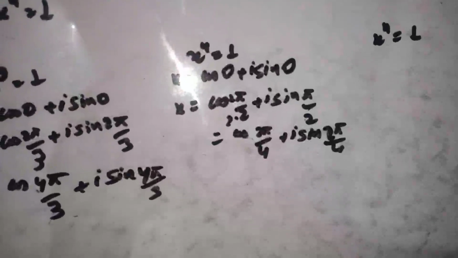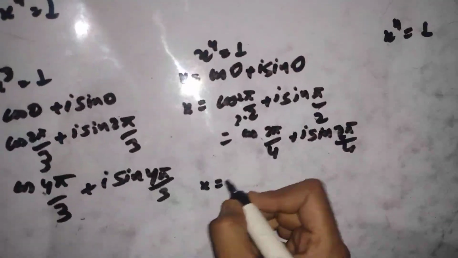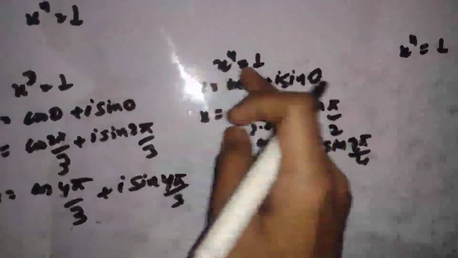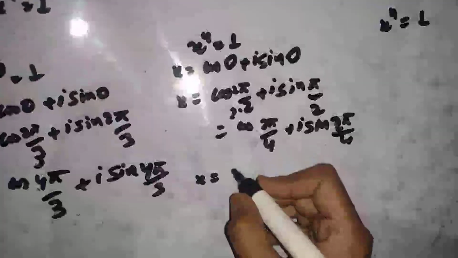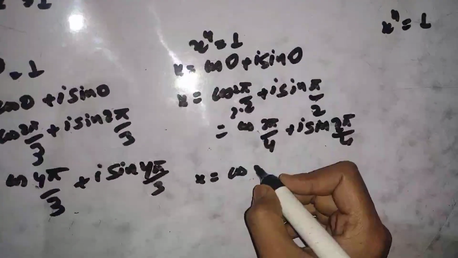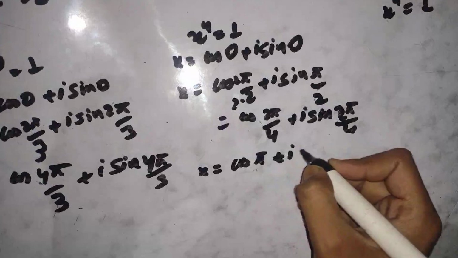Similarly, in this equation, our third root was cos pi plus iota sine pi.